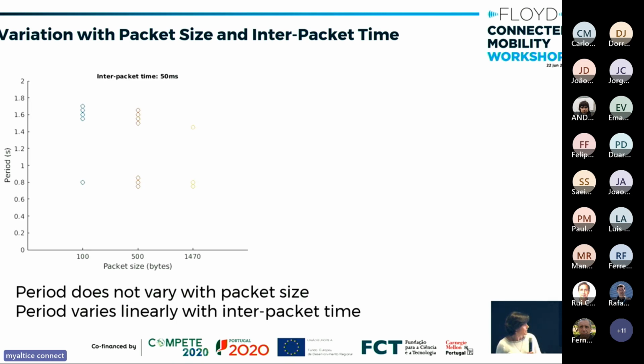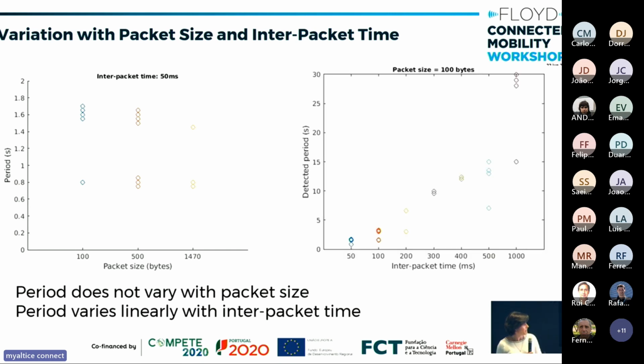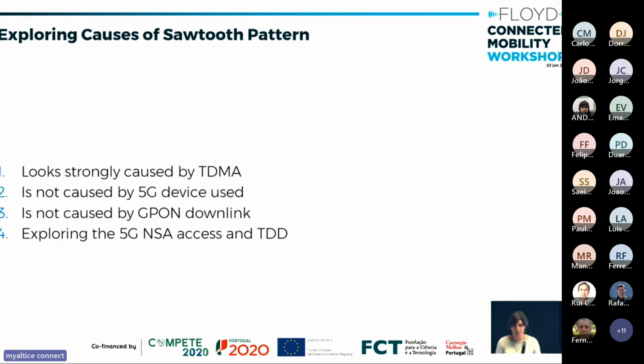Then the period, the length of this sawtooth, does not vary with packet size, but it increases linearly with the interpacket time. We are still looking into this. It looks like it is caused by some TDMA mechanism along the way. We know it's not caused by the 5G device we used.